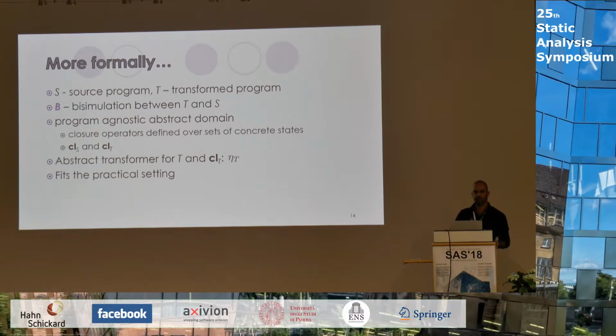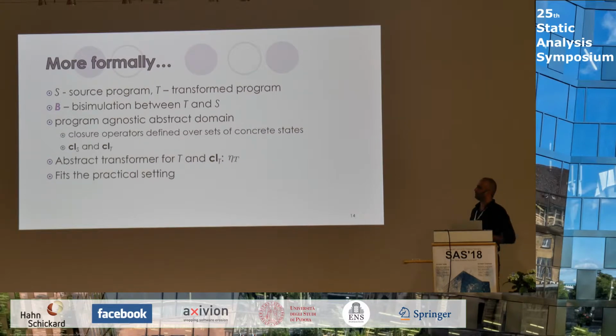So compilers can essentially generate the biosimulation information. They have all the necessary information to do that. Also, abstract domains are available, just as is the abstract transformer on the target program. Sometimes the abstract transformer for the source program is not available, such as in program verification frameworks such as Clousot that are language independent, but they always have the abstract transformer for the target program.